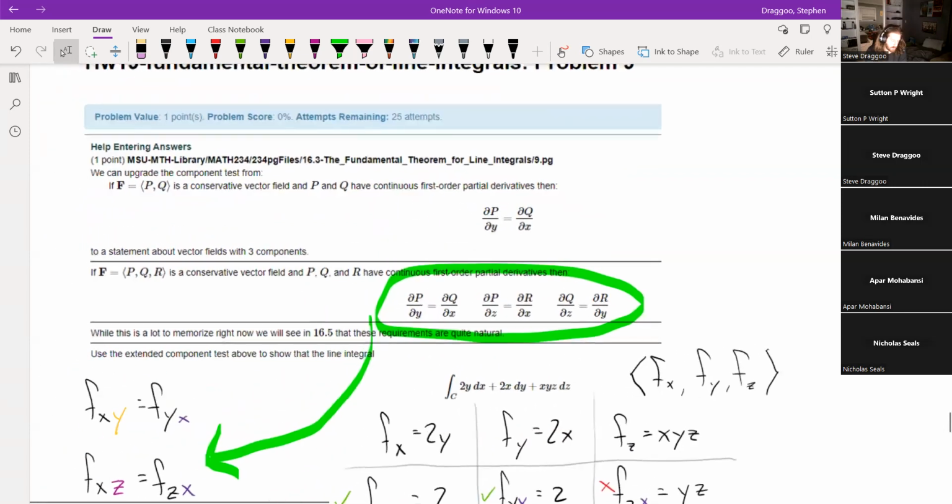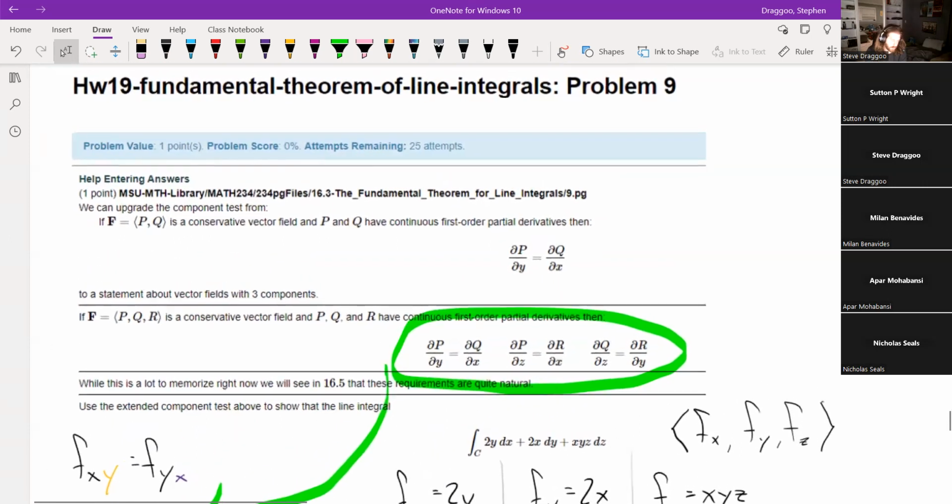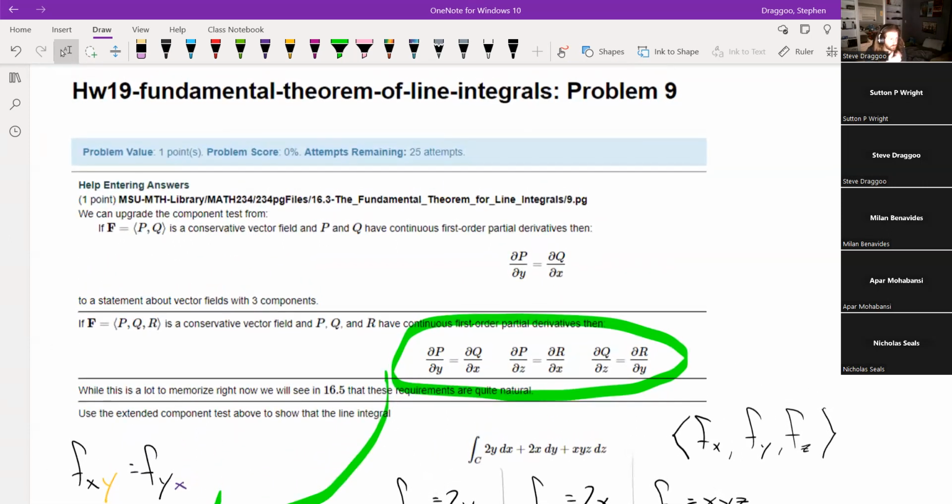In a 2-variable problem, or a 2-dimensional function, if I need to check to see if I have a conservative vector field, I just need to take each of my 2 components, which I've labeled P and Q, do the opposite derivative of their position and check to see if they're equal.